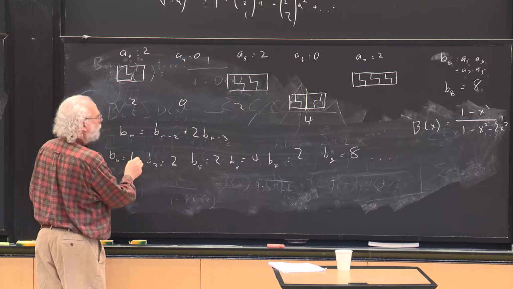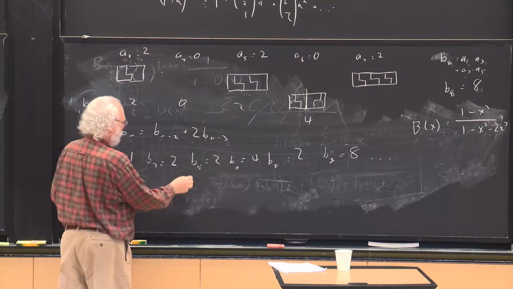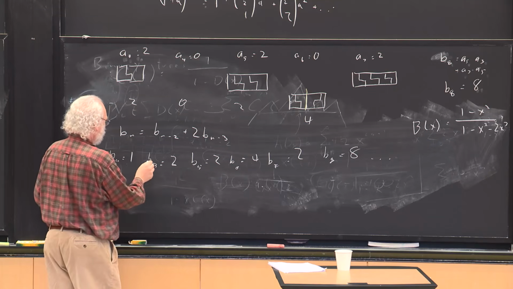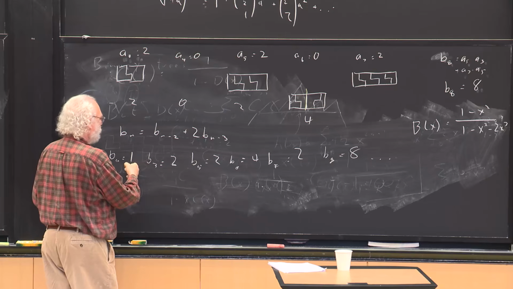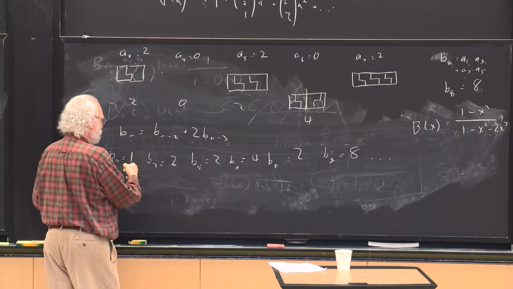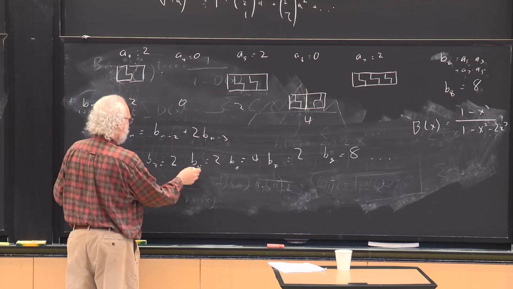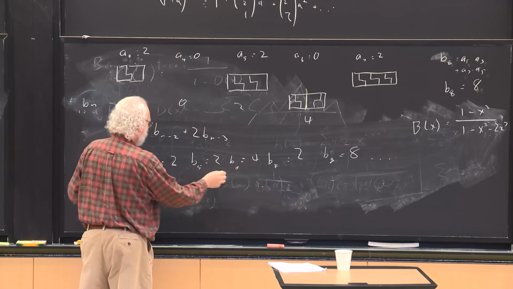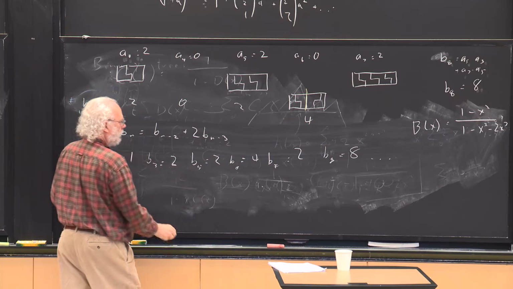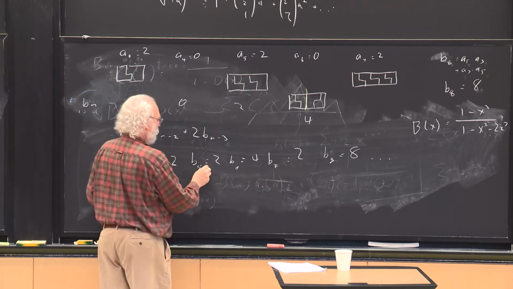B3 is equal to 2 b0. B4 equals b2 plus 2 b1. B5 is b3. B6 is 2 b3. B7 is b5.